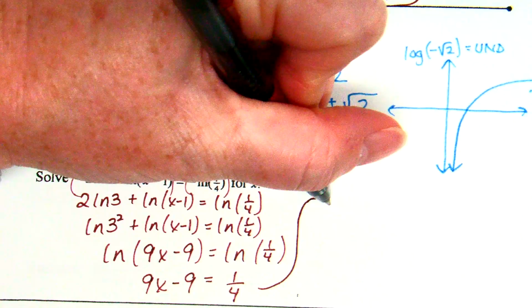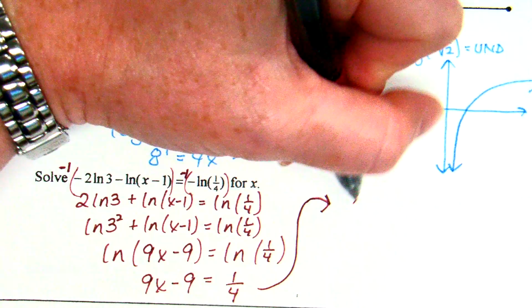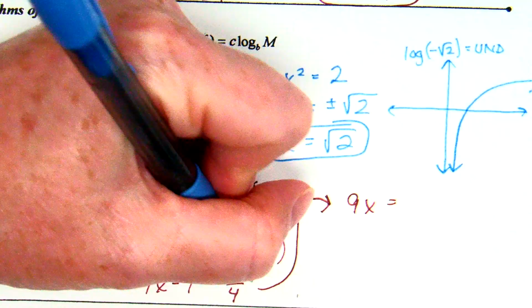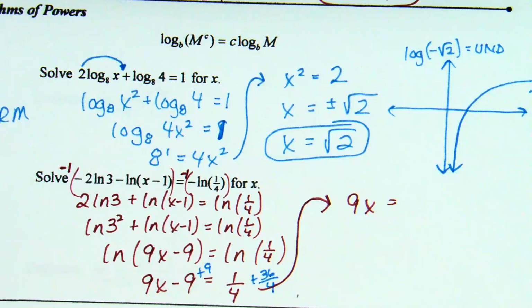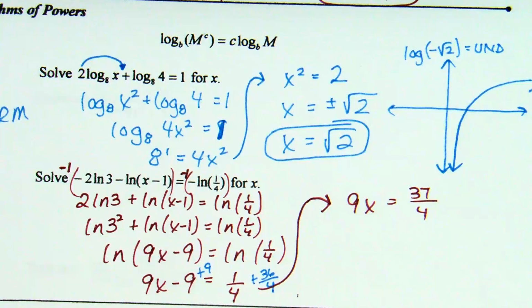Finish it off. So you're adding 9 over there. When we add 9 to 1/4, what is 9 in terms of fourths? It's 36 fourths we're adding, right? 36 fourths plus 1/4 is 37 fourths.